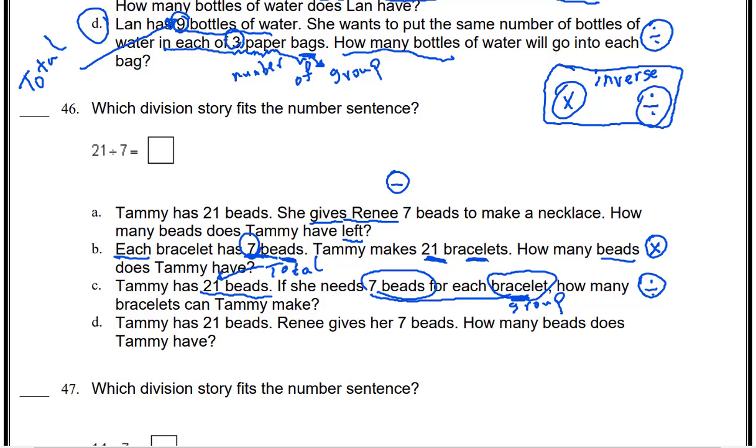This is the number inside each group. Each bracelet needs 7. So the first one needs 7, the second 7, and so on. But I don't know the number of bracelets. So we need to divide the 21 by 7 to get the number of groups. I don't have the number of groups. So this one is correct.